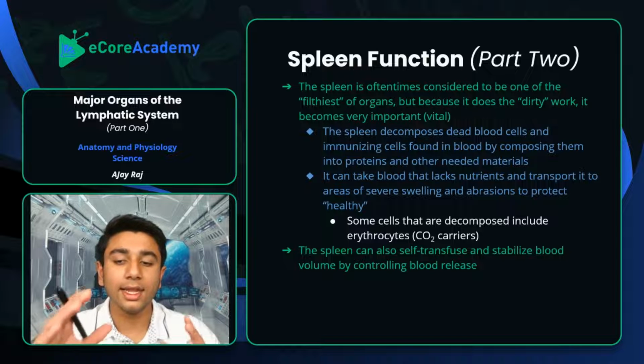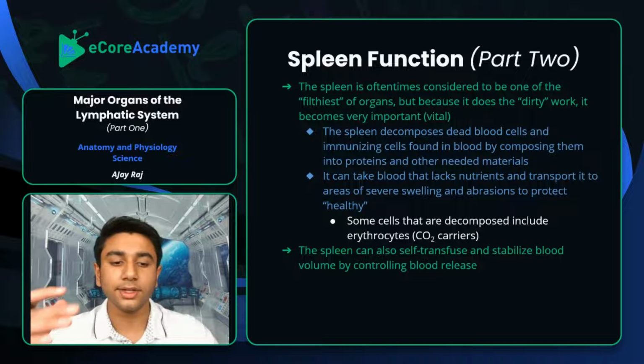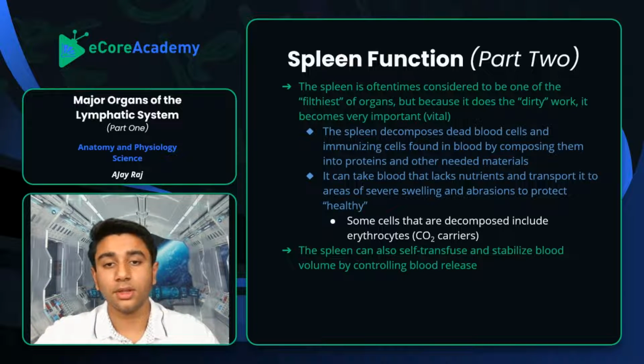And like I said here, it is very vital for the body. It's a vital organ. So the difference between a non-vital and a vital organ is the fact that a vital organ is something that you do need to live with, and a non-vital is not something that you need to live with.